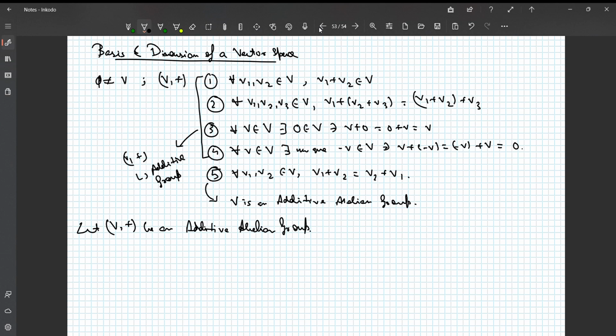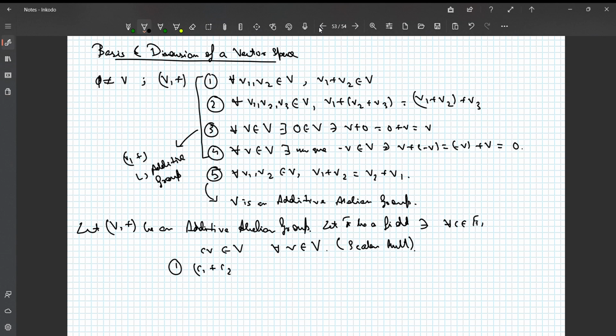Let F be a field such that a certain scalar multiplication is defined. That is, for all c in F, cv is in capital V for all v in capital V. So this is called the scalar multiplication. Okay. Now, with respect to scalar multiplication, certain axioms need to be followed.